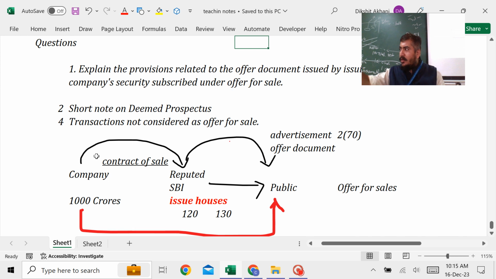What if payment is immediate? So law says if you find the second condition from scrutinizing the records, that after transferring or allotting the shares, this issue house has transferred the same shares to the public immediately, within 6 months. How much? Within the span of 6 months. Then it is highly doubtful that this settlement between the company and issue house is nothing but what?